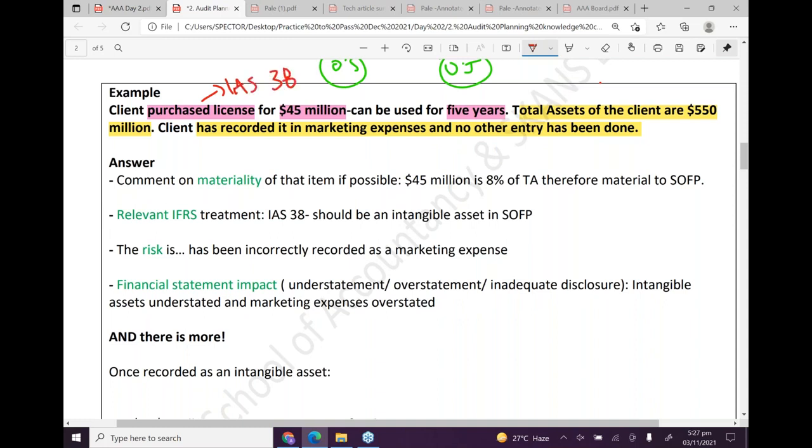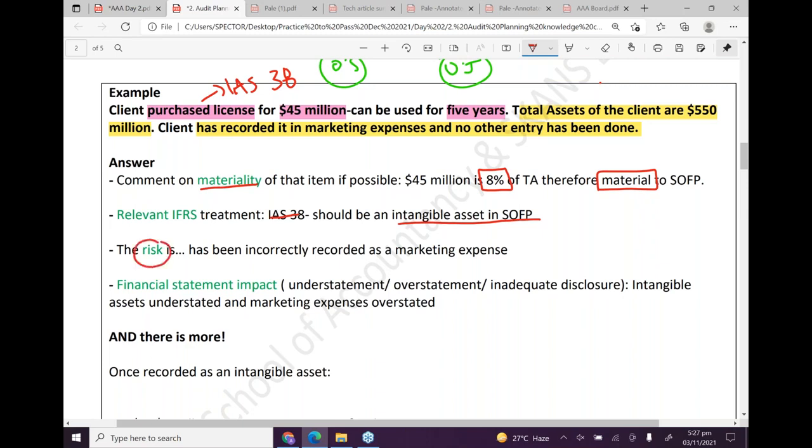Let's get our mark. My first easy mark is 45 million is 8% of total assets. Therefore, it is material. If I don't see both the words, you'll get a 0. According to the reporting framework, you don't have to write the standard number. Simply write purchased licenses need to be recorded as intangible assets and amortized over their useful life.